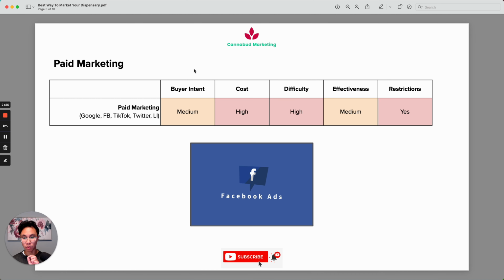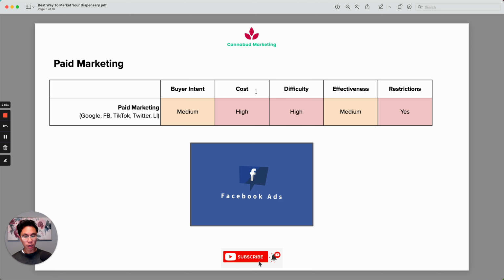However, if you have a really good ad placement strategy, if you choose the correct demographics, the correct location, and your ad copy is relevant to the people you're targeting, the buyer intent might be pretty high. Even though they are not initially going in to make a purchase, with targeted ads it may feel as though this ad is made perfectly for you, and then they're going to come in and buy.